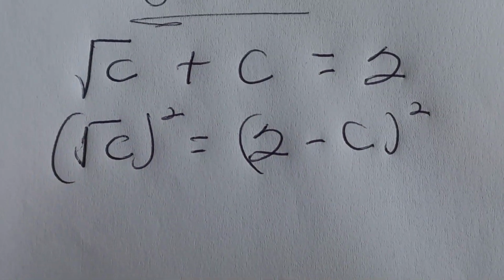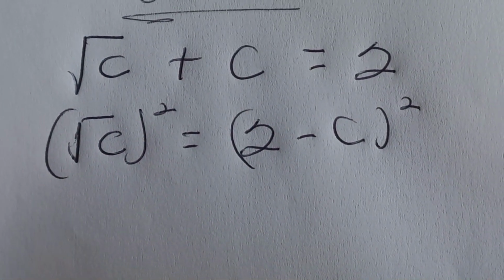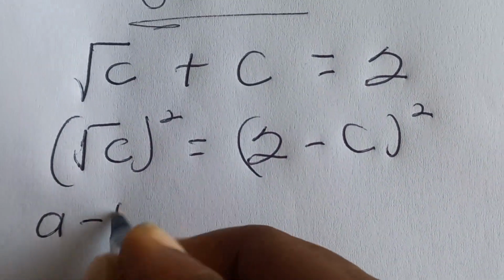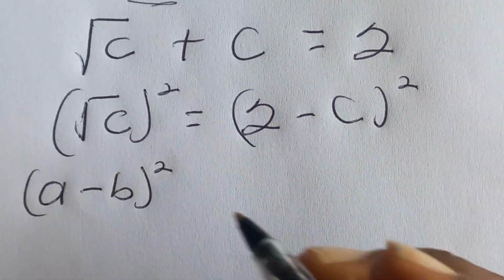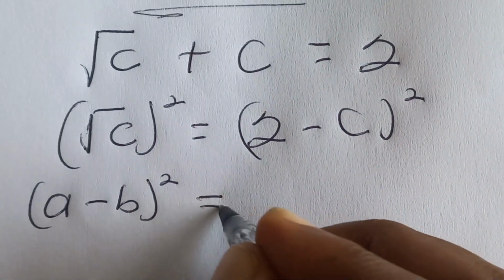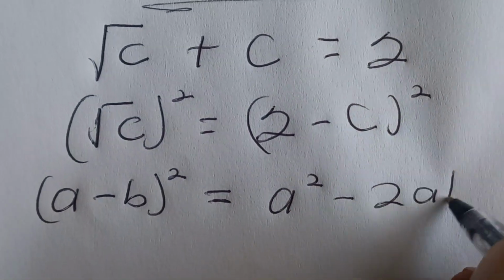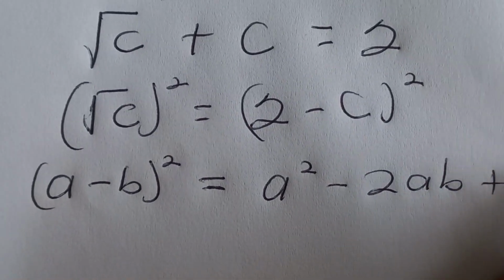Now looking at algebra, we have (A minus B) all squared, and this expression gives us A squared minus 2AB plus B squared.